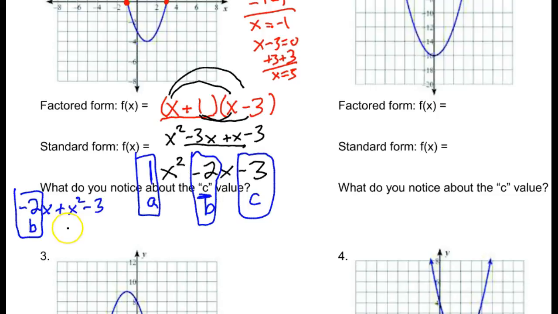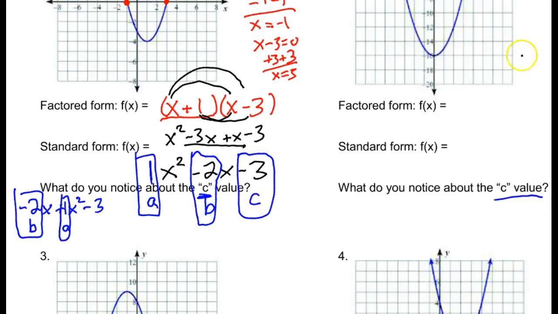So in this case, a is still equal to 1 because the x squared still has a coefficient of 1. Sometimes people write the x first and say this is an a value, but that's not the case.